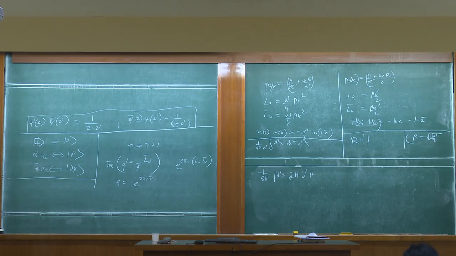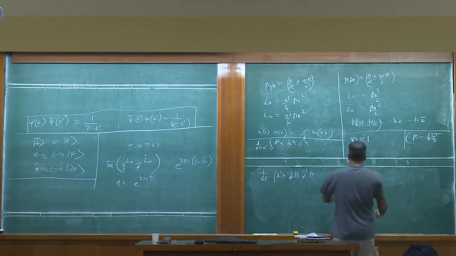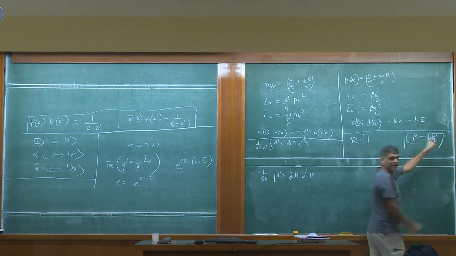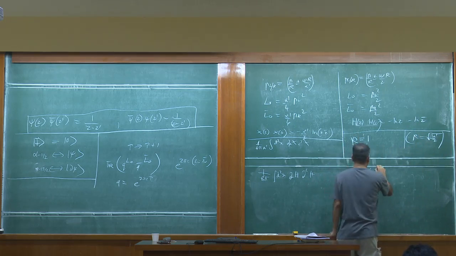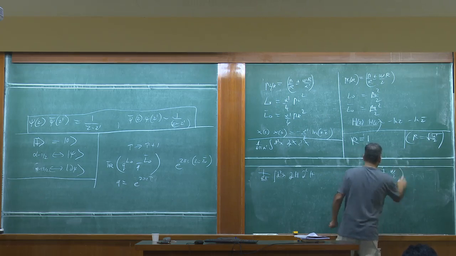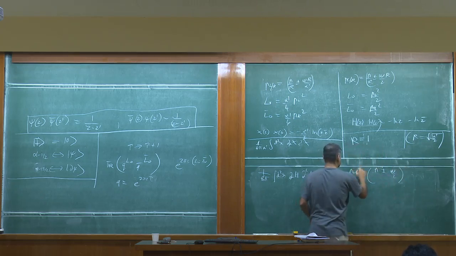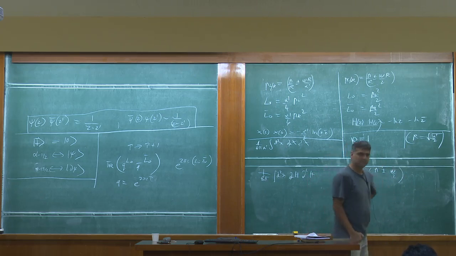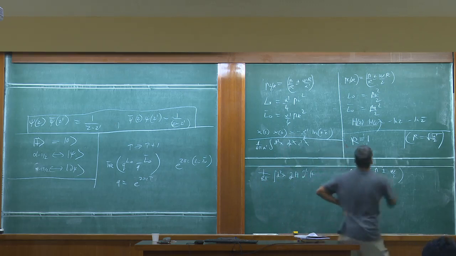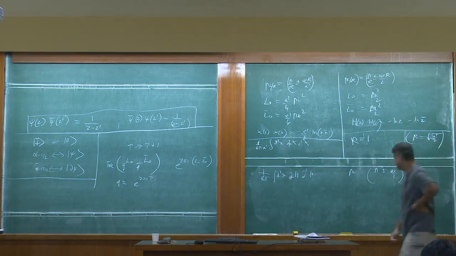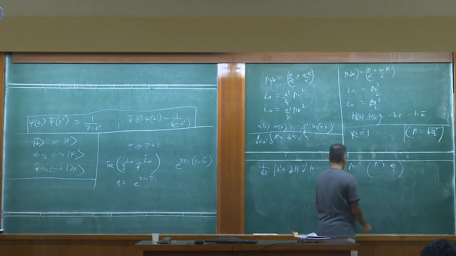If we look at this theory at R equal to 1, our spectrum here becomes P_L = n ± w/2.